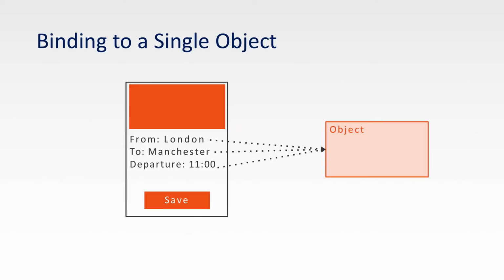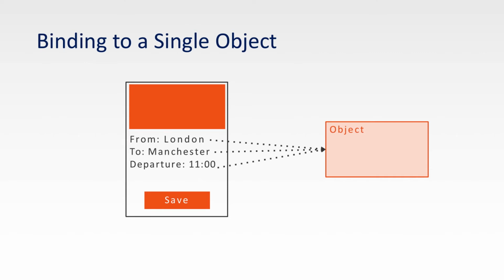So if we have an in-memory object, let's say we're talking about a transportation application, the context of this object can be bound to this part of the UI, which has the transportation from or to, like from London to Manchester.